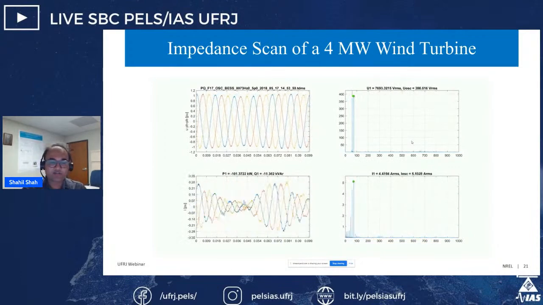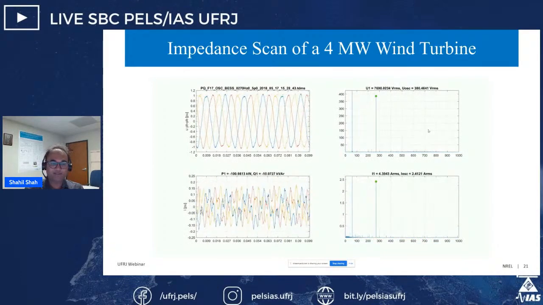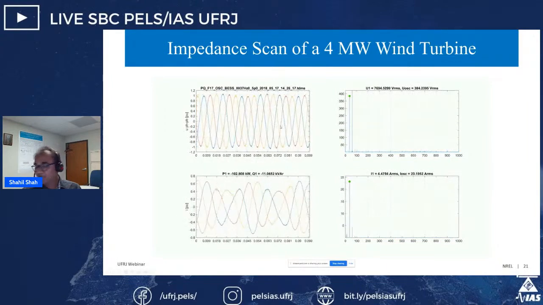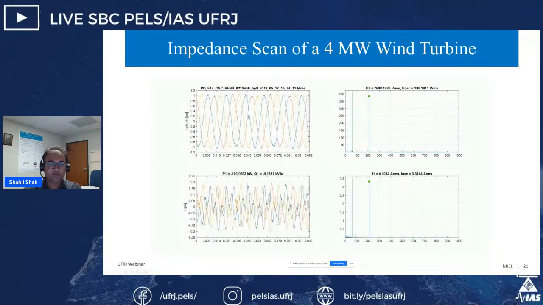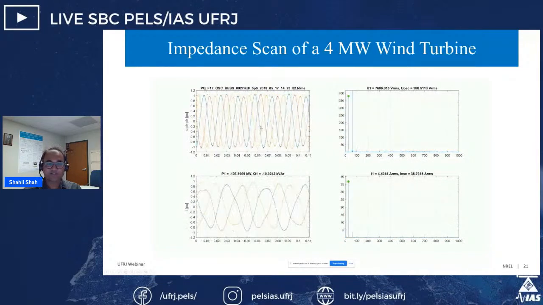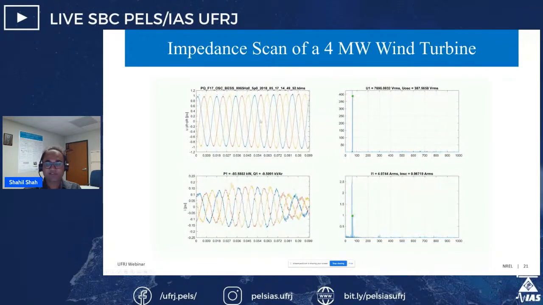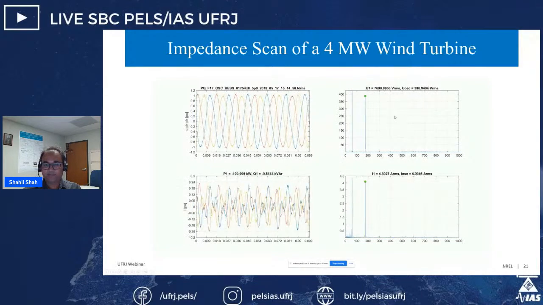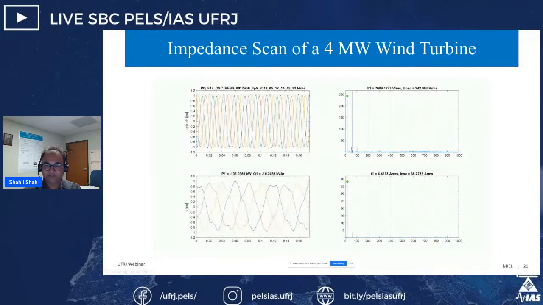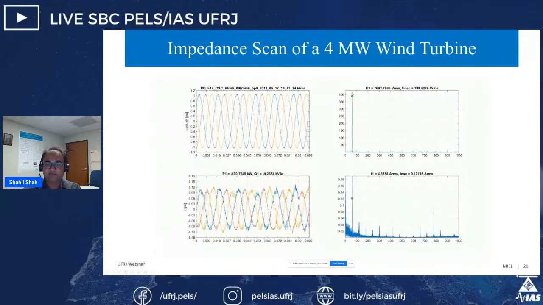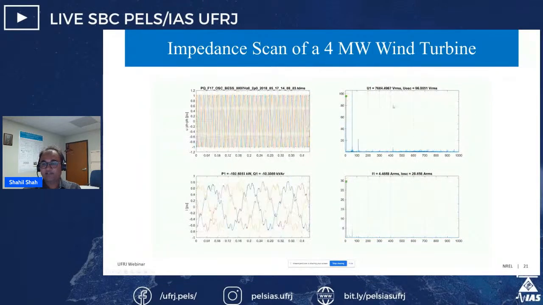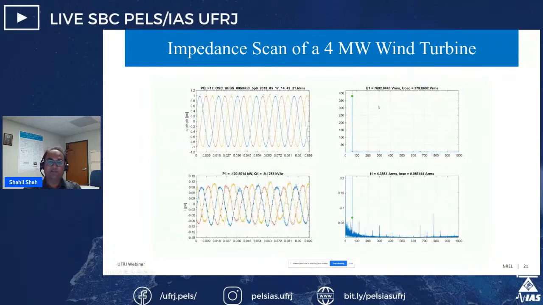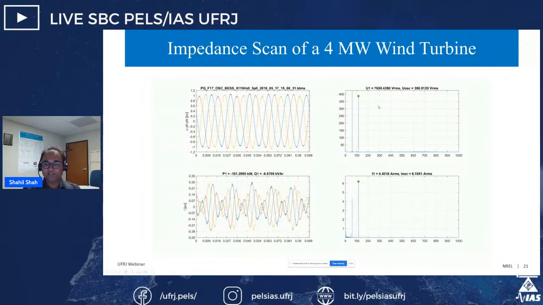This is a cool graphic showing really what is happening during the scan. On top left, we have voltages that we are imposing on the 4 megawatt turbine terminals with perturbations. Top right is the FFT analysis. In addition to this big line, which represents the fundamental component at 60 hertz, we are seeing this perturbation which is moving as we are changing the frequency of perturbation.